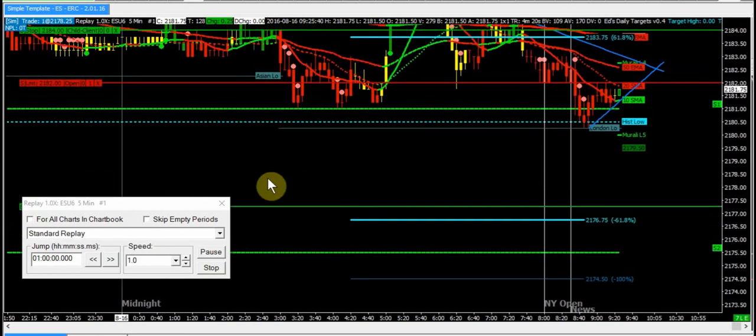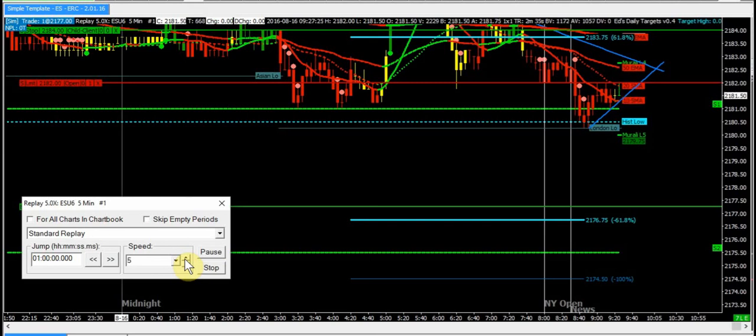As you'll notice, here we go. The chart comes up. Let me speed this up just a little bit until we get our fill. So we're at that limit, and we should pop up.